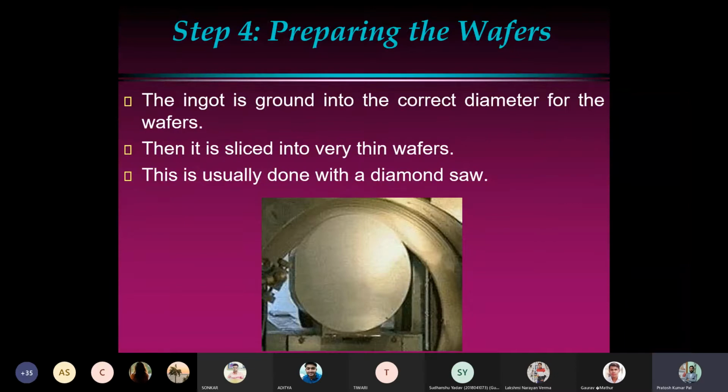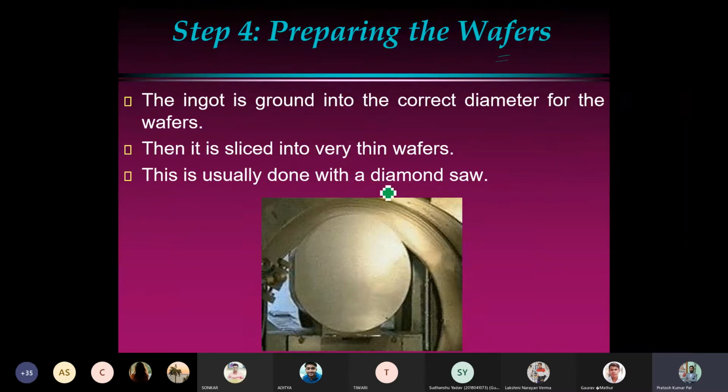Now we will go for how we will be preparing the wafers. Wafer preparation is carried out by different types of steps and processes. There is an ingot, and to obtain a wafer, this complete ingot is cut by a diamond saw.